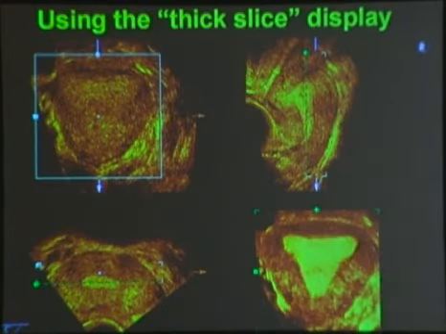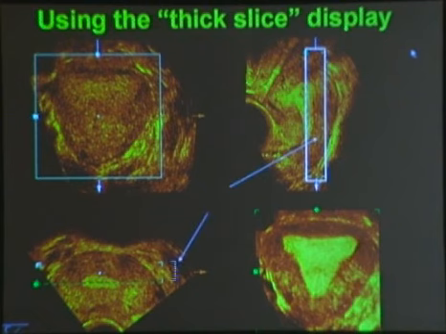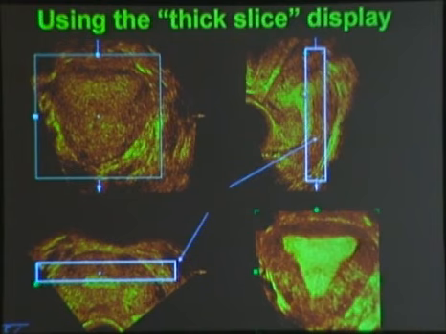The thick-slice is a very important display modality, and that is to really take several two-dimensional successive planes, compress them or collapse them, so to say, in one single plane, as you see it here in the rendering box.